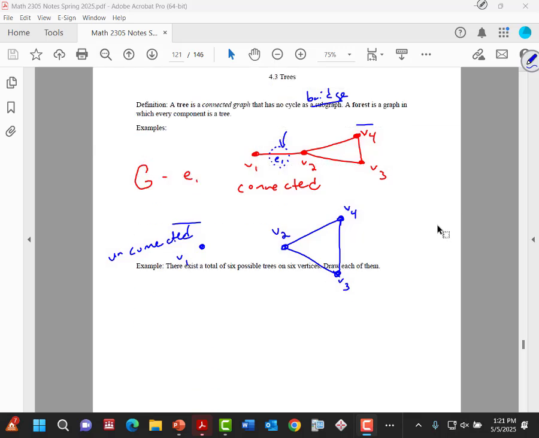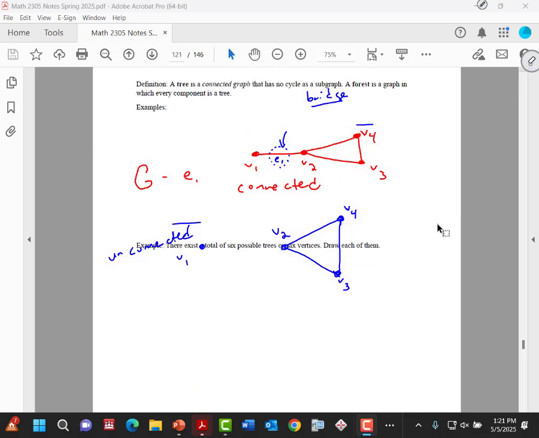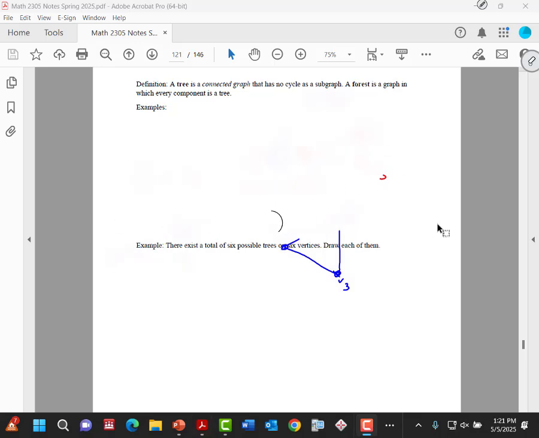So let's return to our definition of a tree. A tree is a connected graph that has no cycle as a subgraph. Okay. Well, what do we mean by that right here? This example that I just drew right here, I'm gonna clarify this.